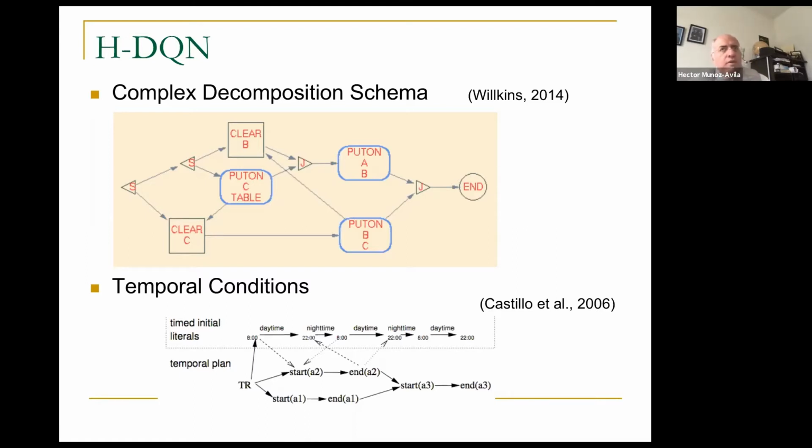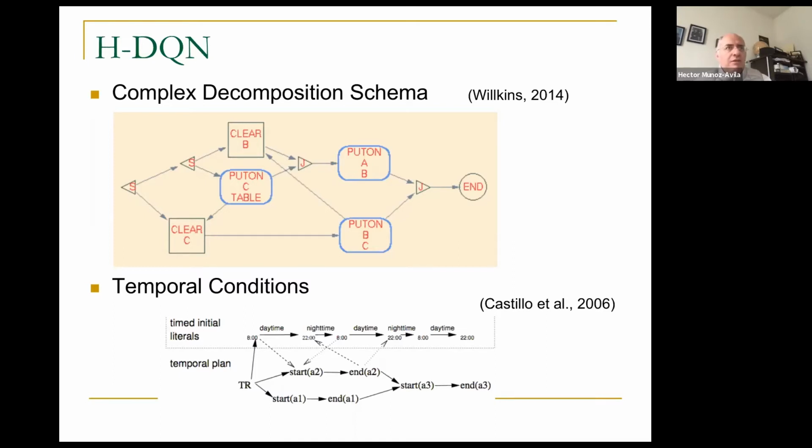this is work with Recruiter that we have done in the past. We assign a reward based on how many actions were generated in the decomposition. And we basically apply a very simple reinforcement learning schema that was trying to minimize the number of actions that was generated. It would prefer methods that will result in fewer actions being generated.